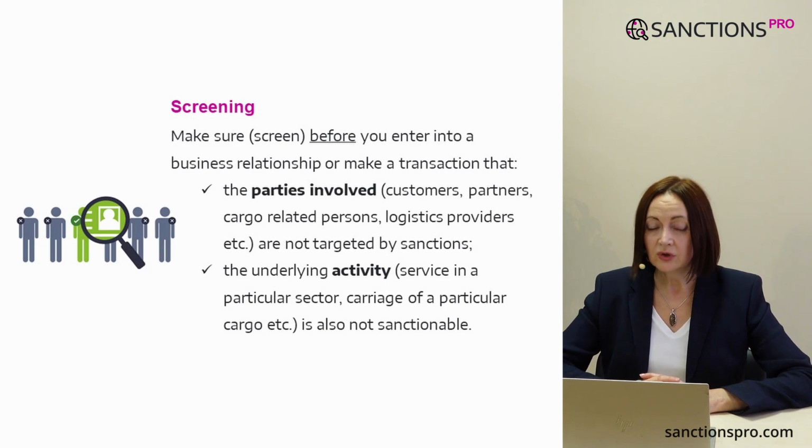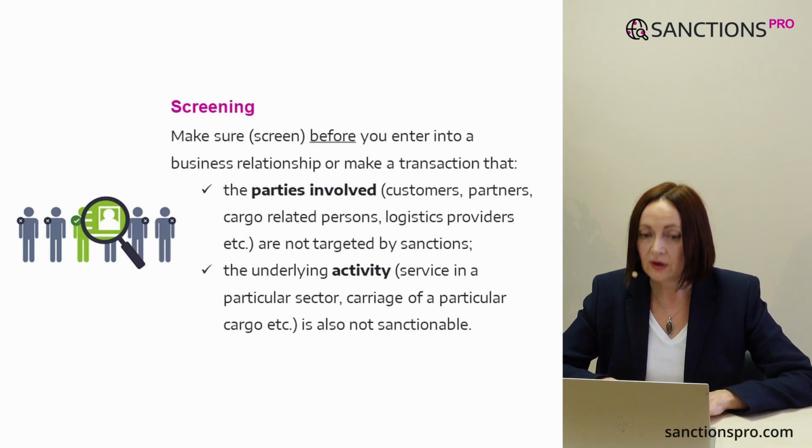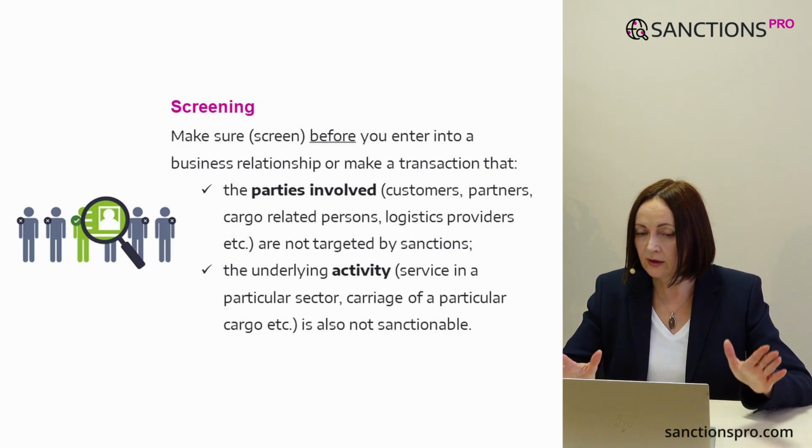And you also have to make sure that the underlying activity, for instance, providing financial advisory to a person from a specific country, is also not a sanctionable activity, right? So check the client and check the activity. As we remember, we may have sectoral sanctions, and they have different implications on specific activities.